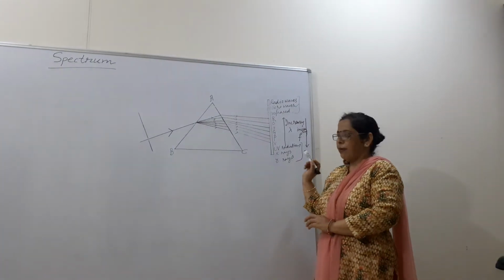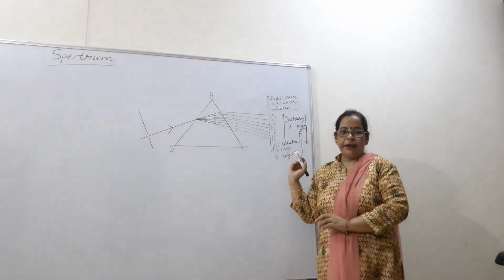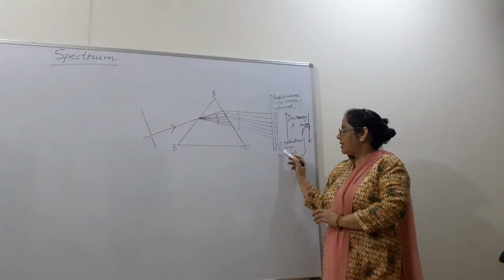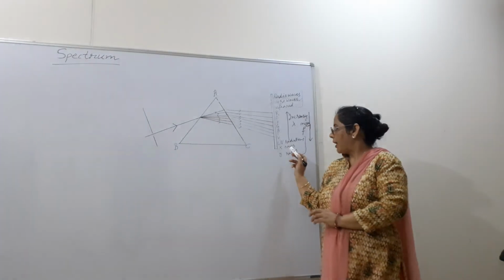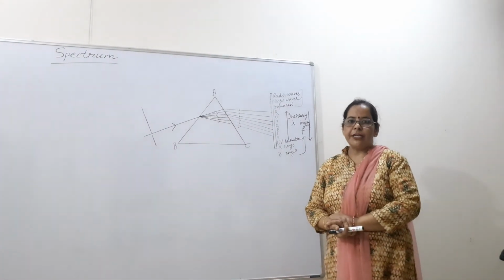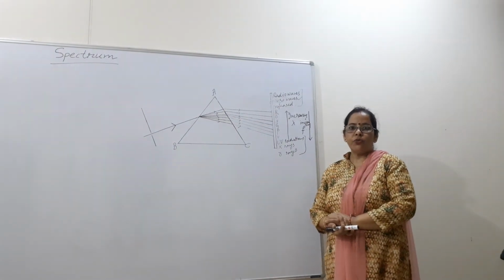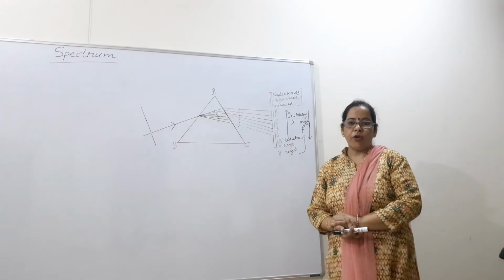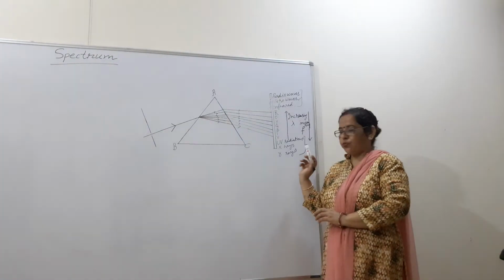So they are chemically more active than ultraviolet radiations. These rays are also used in medical science because of their high frequency. They can easily pass through human flesh, but they are stopped by the bones. So they are used for taking X-rays, and if there is any fracture, doctors suggest this.